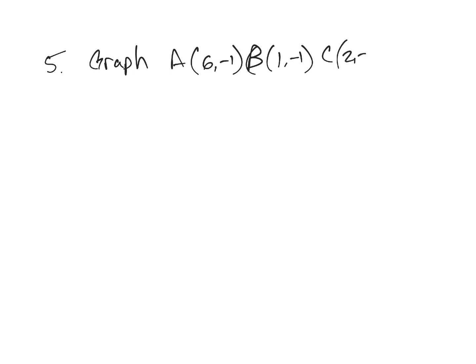Number 5. Let's go. Graph A (6, -1). Oops, B is (1, -1). C is (2, -3). And D is (4, -3).